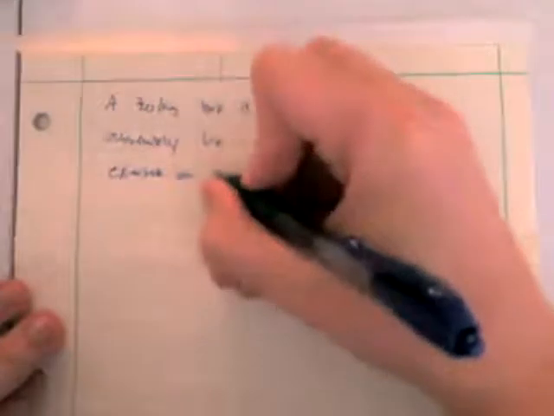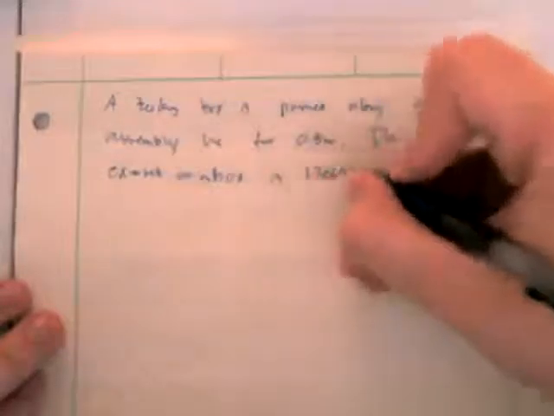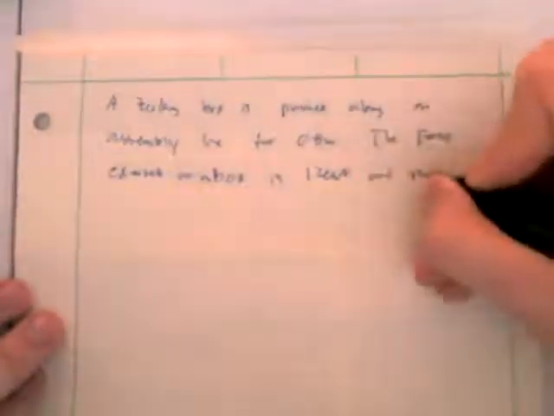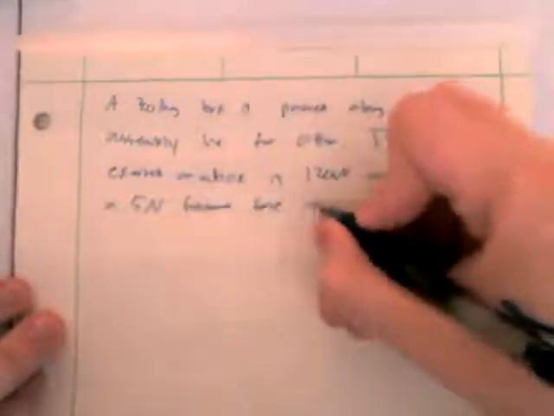The force exerted on the box is 120 newtons, and there is a 5 newton frictional force opposing the motion.